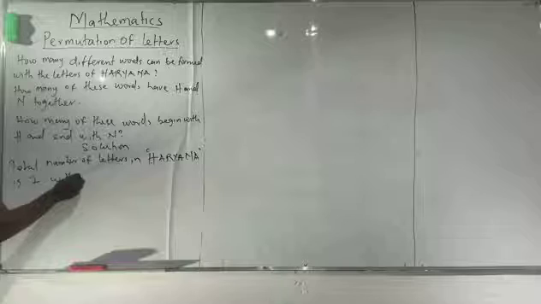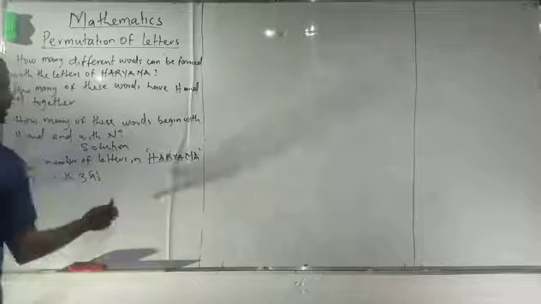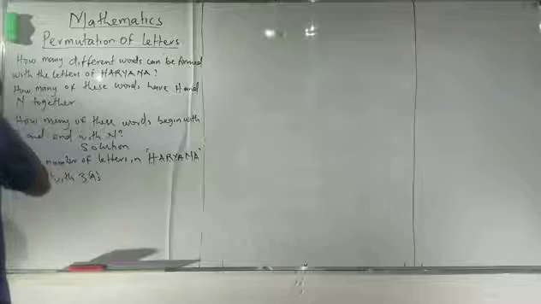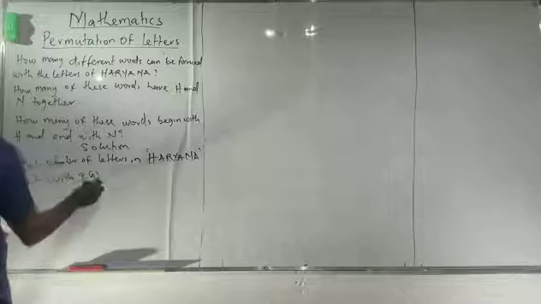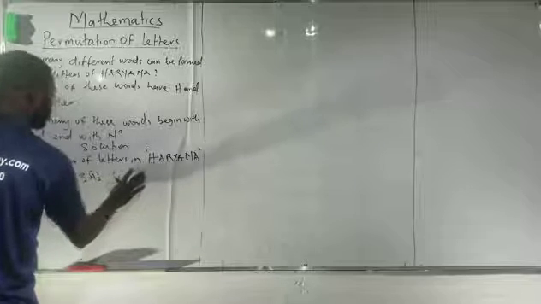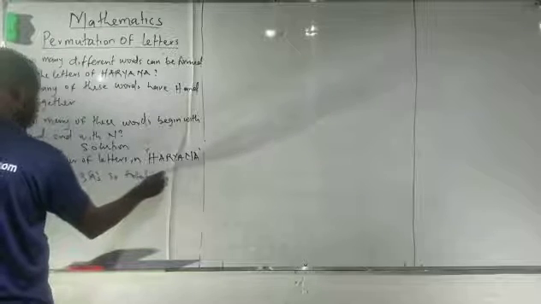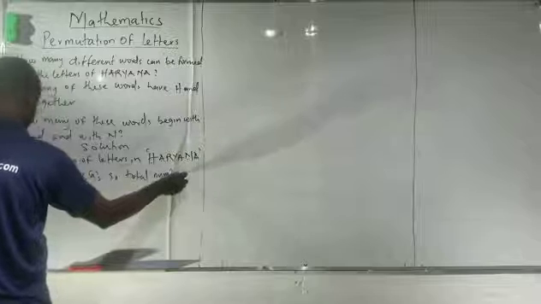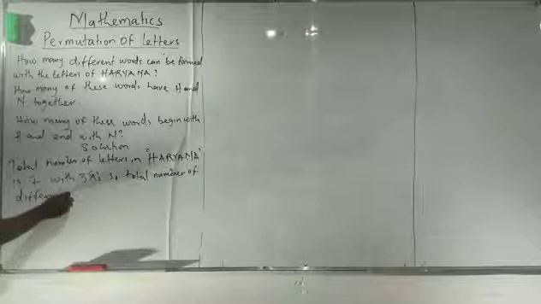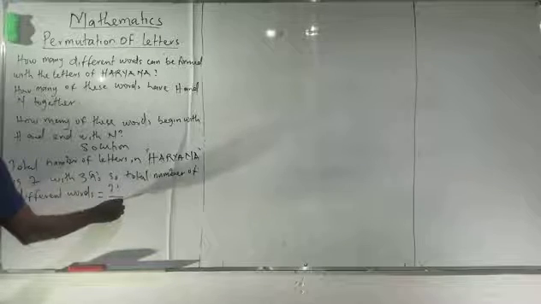With 3 is 1, 2, 3, and 3 is, so total number of different words equals 7 divided by 3 factorial, which is going to be what?